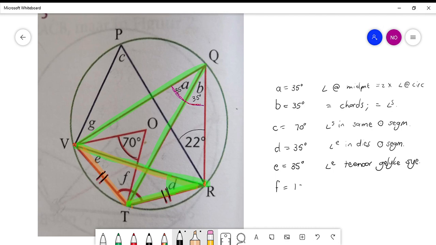Then for F, it's easy to find because it'll just be angles of a triangle. Because if we look in this orange triangle, we have E 35, we have G 35, so F must be 110.